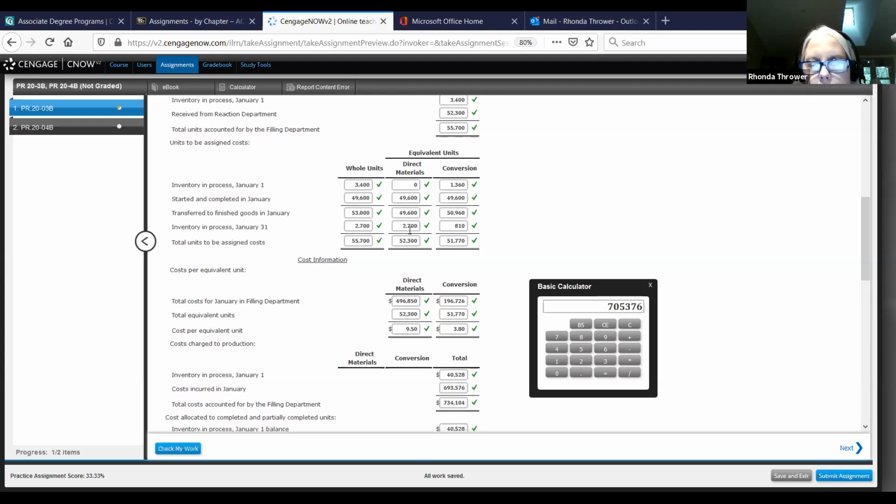So all 2,700 units of the ending inventory are going to be multiplied by the materials cost per equivalent unit of $9.50.